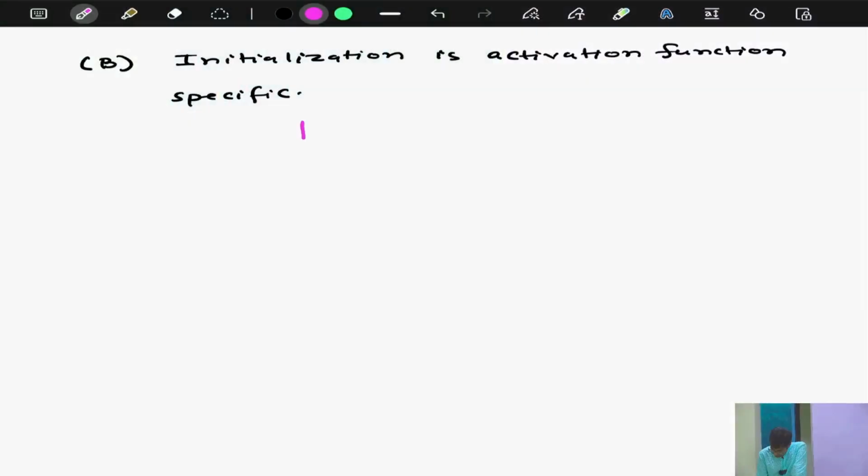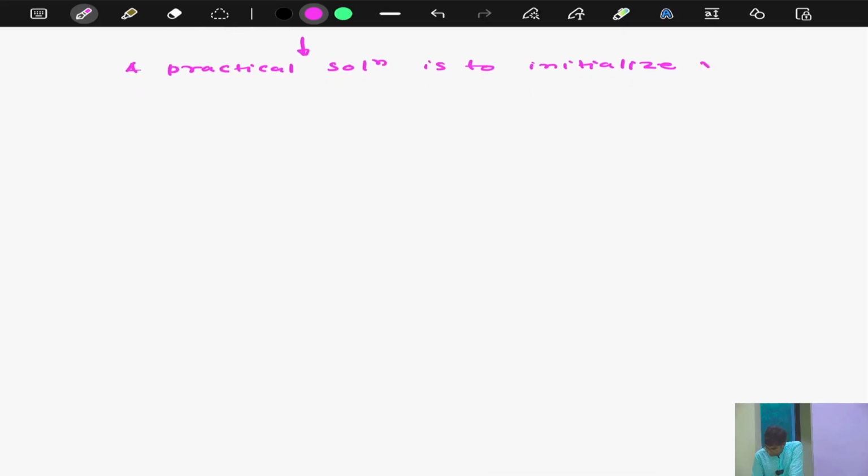So, let me write it down. If you have any doubt, feel free to ask. So, based on this, the observation I am drawing is that the practical solution is to initialize weights randomly.